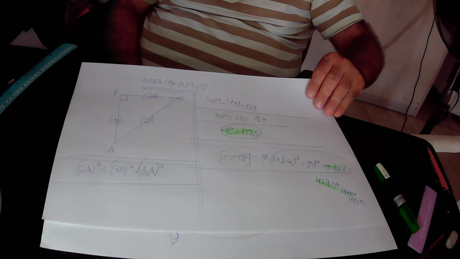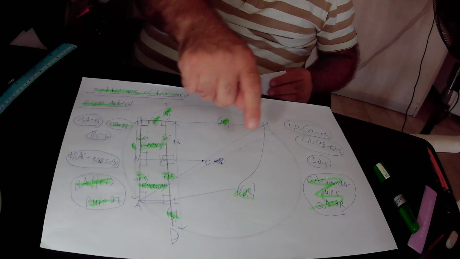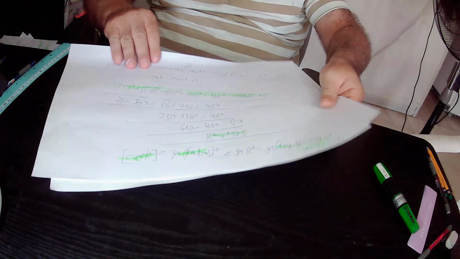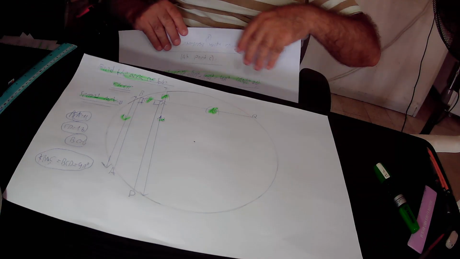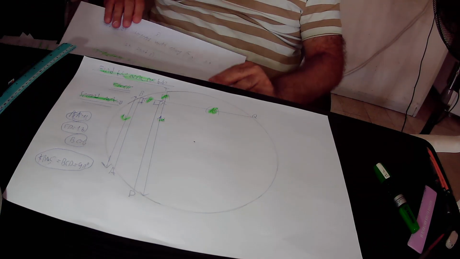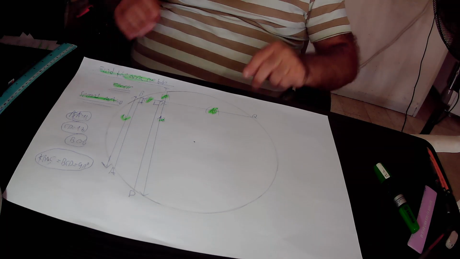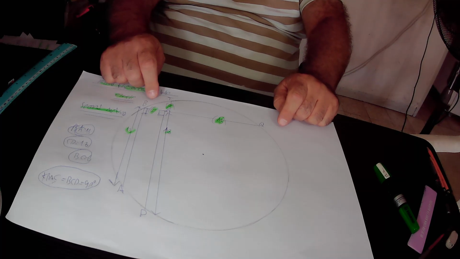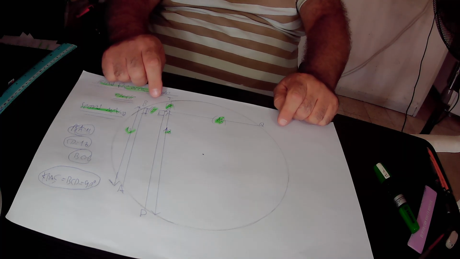In the next step, I present to you how to find the area of this circle according to the second method. In the second method, we use the things that we already found in the first method.